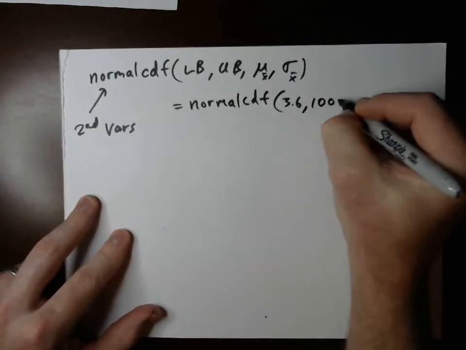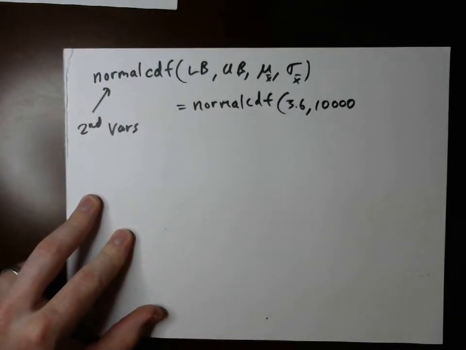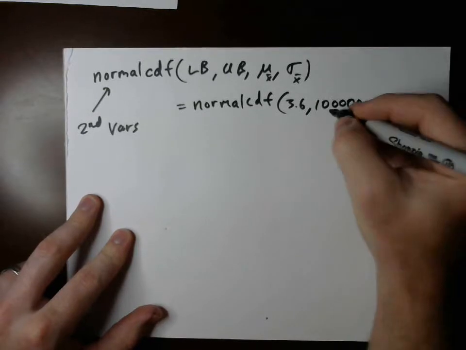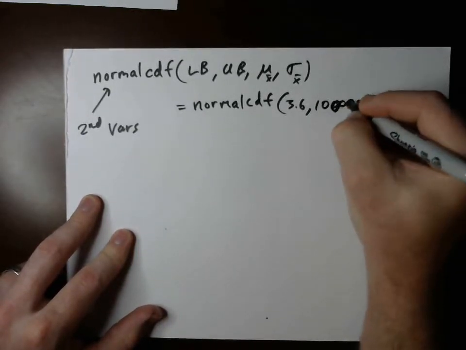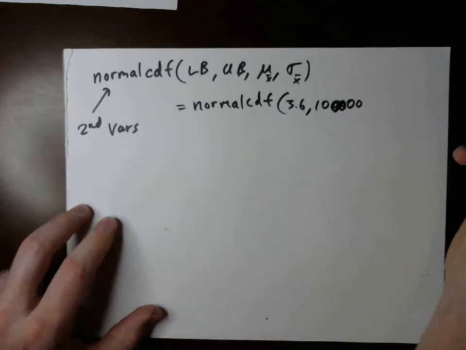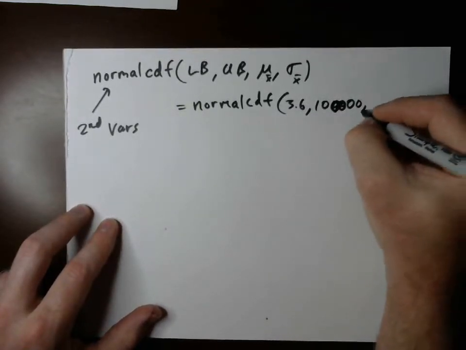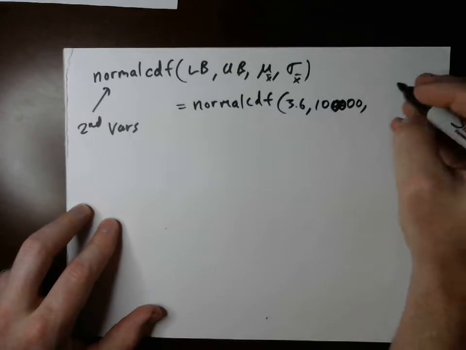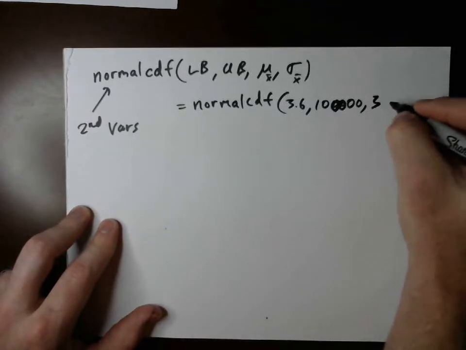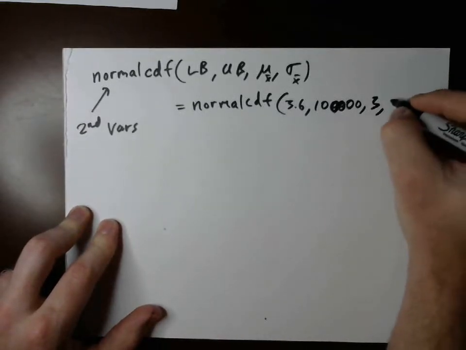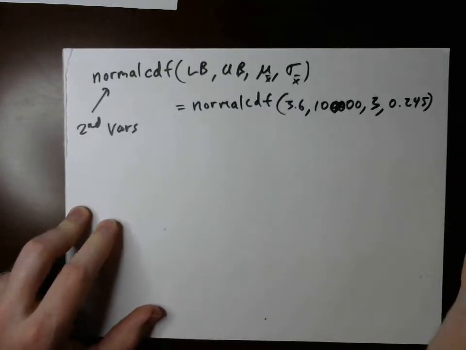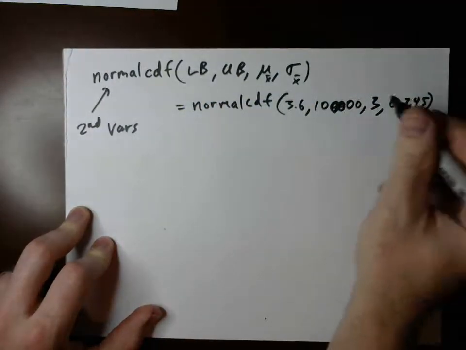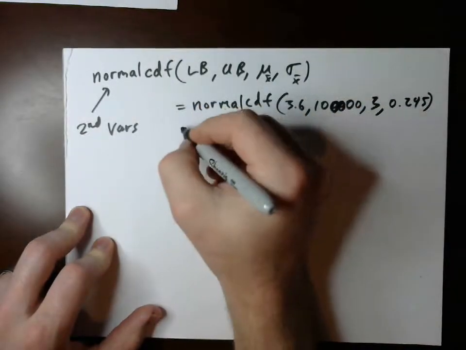So it's safe to just say something like 10,000 or 100,000. Don't put a comma there, the calculator won't like that. So 100,000, and then we want mu of x bar, which we know is 3, and 0.245. Okay, because that was the standard error.